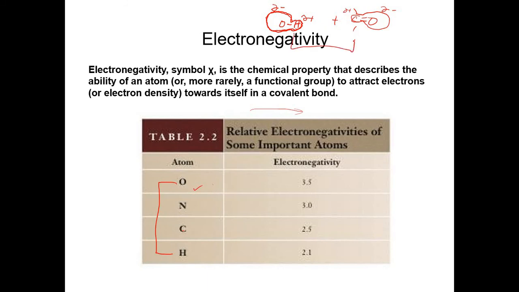Meaning that if these two react, most likely the mechanism is that this partially negative oxygen from OH will attack the partially positive carbon of the carbonyl. So ari siya sa carbon mo-attack, not on the hydrogen, not on any part of the molecule, but on that partially positive part of the molecule. So that's only one mechanism.